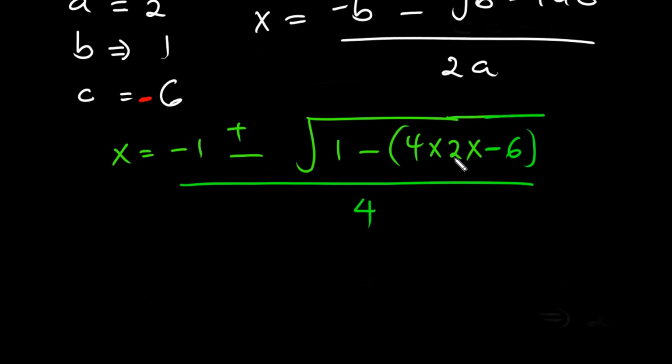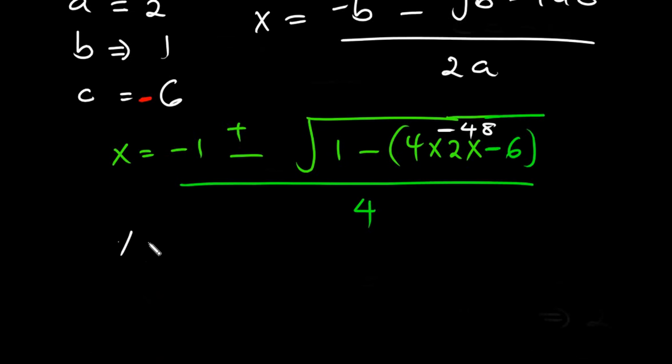Okay, 8 times negative 6 is negative 48. Then we have 1 minus negative 48. So minus and minus, that's a plus. So it's 1 plus 48. So that's going to be 49.